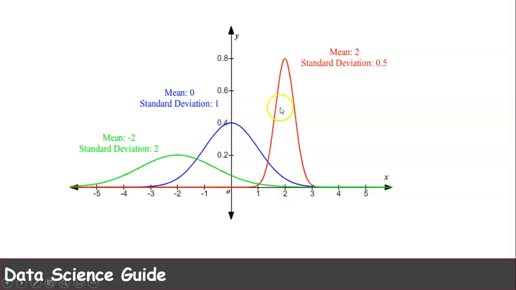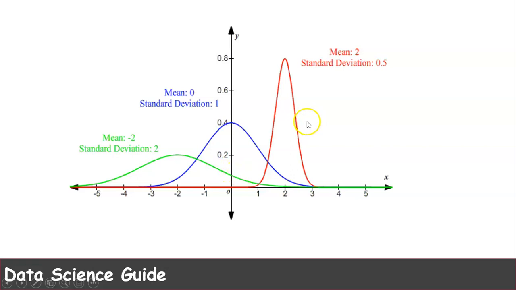And we got a smaller standard deviation, which is half. So that's why we got a narrower or tighter curve in this case. And the last scenario here on the left, in the green curve, mean equals minus 2. That's why the curve shifted to the left. And the standard deviation equals 2. So that's why we have a wide curve here.